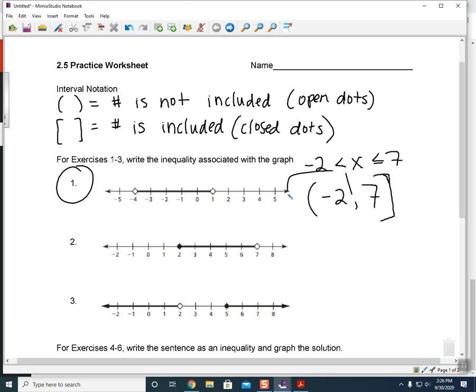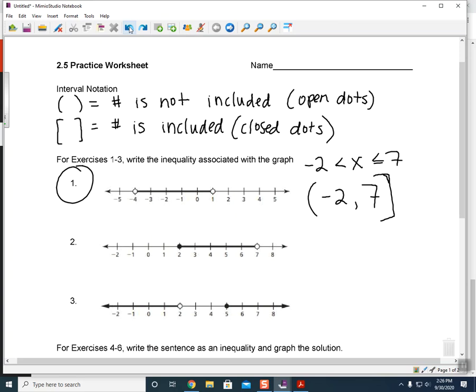This over here is like I'm graphing it. It's a much quicker and easier way of doing that. So this will say the same thing as a graph does, just in a more succinct way.